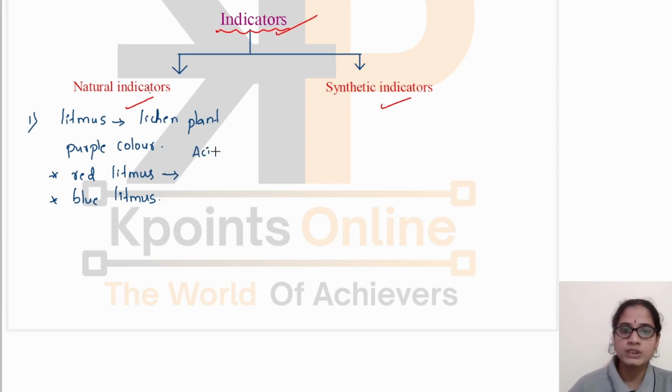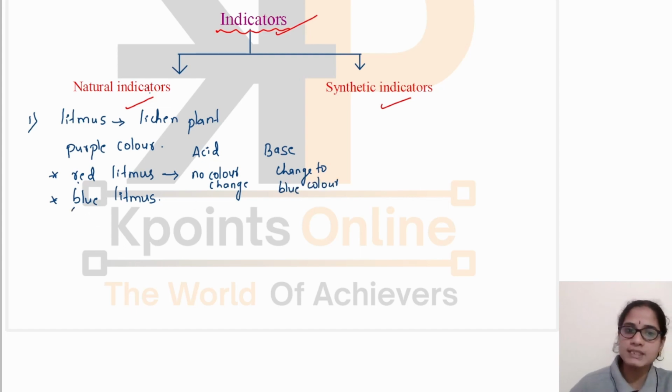Suppose you check the acidity or basicity of a substance with red litmus. The litmus will show no color change in acidic medium. When red litmus is added to a base, it will change to blue color.